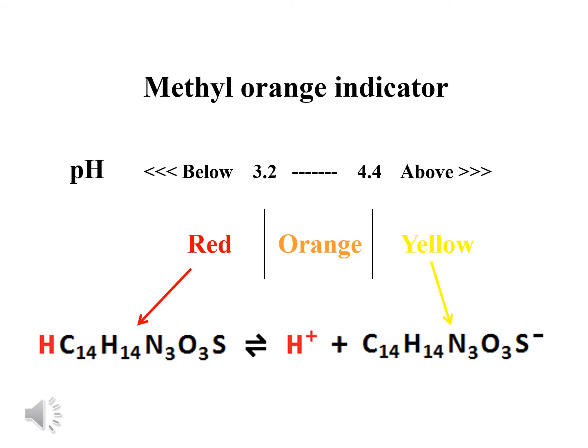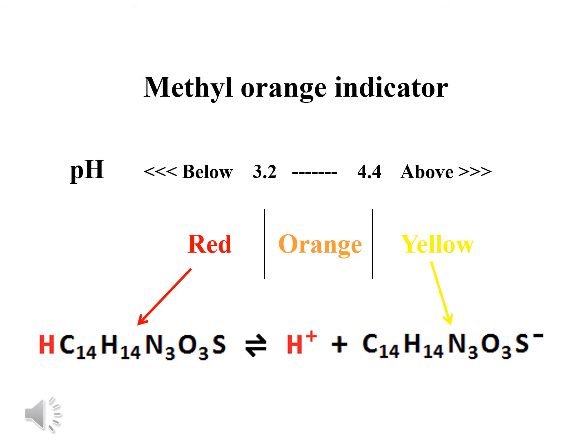So in methyl orange, when the H is attached, it has a red color. When you take the H off, the color changes to yellow. You can explain in organic chemistry how you can get a color change like this just from losing an H, but that's kind of an organic chemistry topic, and it's really not that difficult to explain.